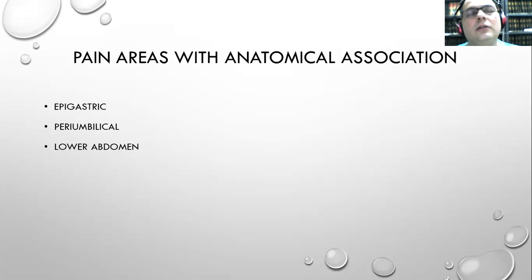We have three quadrants in that too: the periumbilical or umbilical area, and the right and the left flanks, or someone might call them the lumbar quadrants. And the lower abdomen, that is below the umbilical area, we have three quadrants over there too: the right and the left lower quadrant, and the hypogastrium or the infraumbilical area.